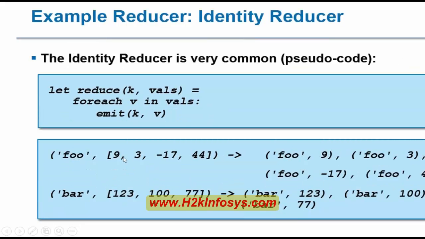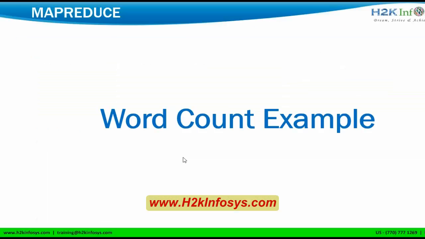For each of the values it is generating that key comma value pair. Until all my values are finished, this loop gets executed and it will generate the output as foo comma 9, foo comma 3, foo comma minus 17 and foo comma 44. So that is how it happens, and now we will see our actual program.